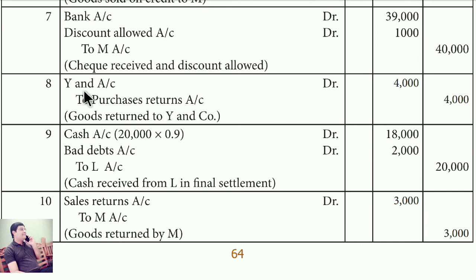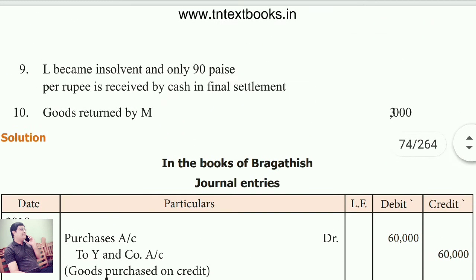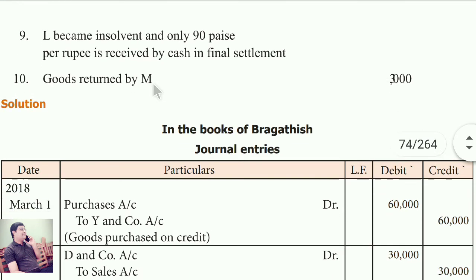So whenever purchase return comes, the name will be debited. Y and Company is the personal account, so debit the receiver. So Y and Company is the receiver, so it's debited. Purchase return is the nominal account.